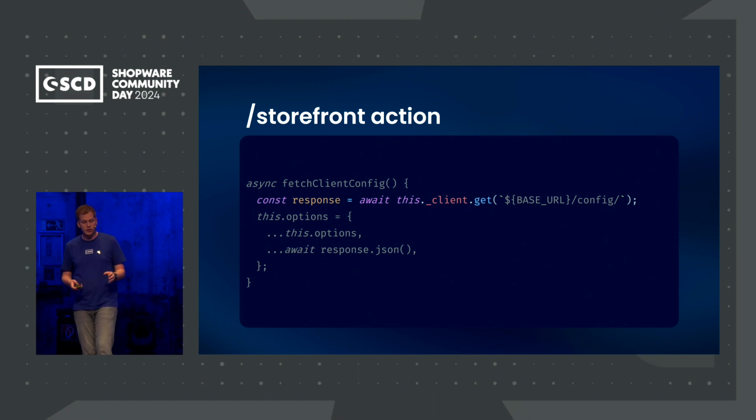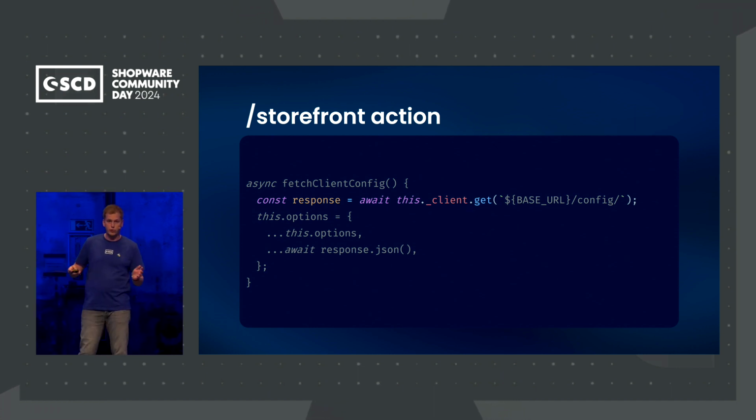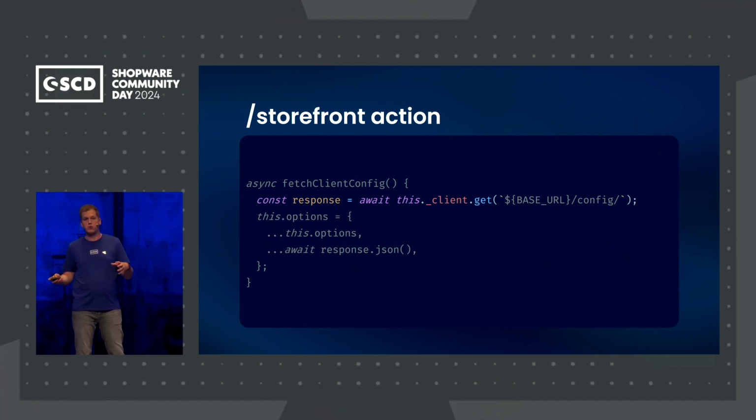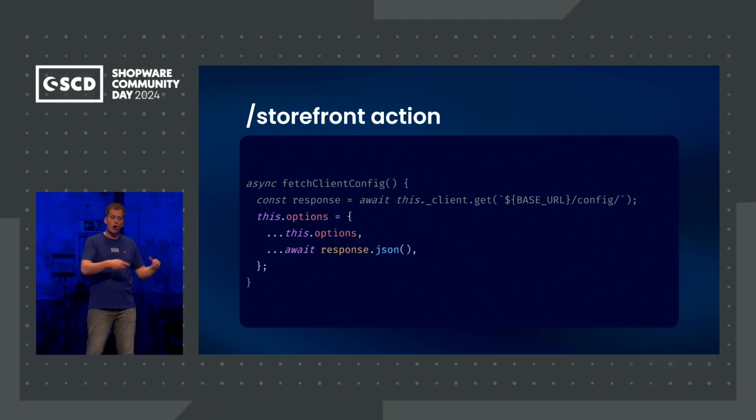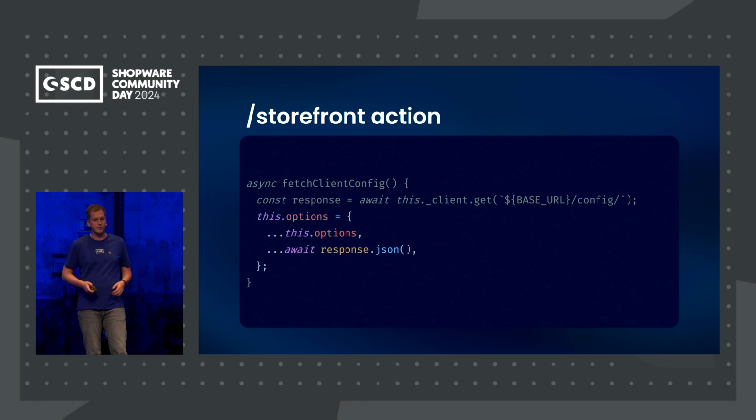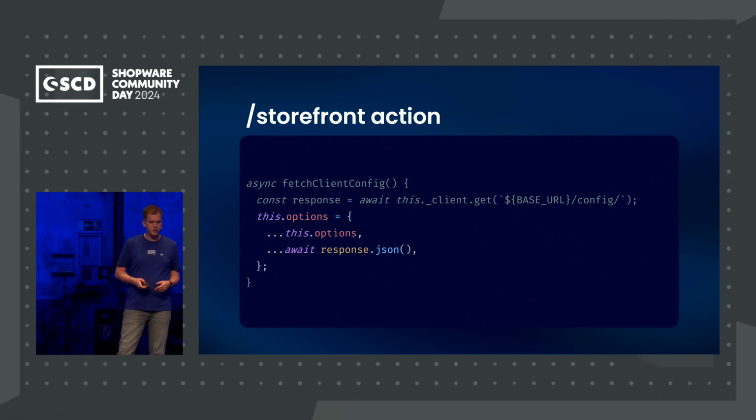We just call the client with a get. We can provide a URL. You can provide additional data with a post method, for example, and we merge this back into our options object, where we can process this for the button rendering in the next step.